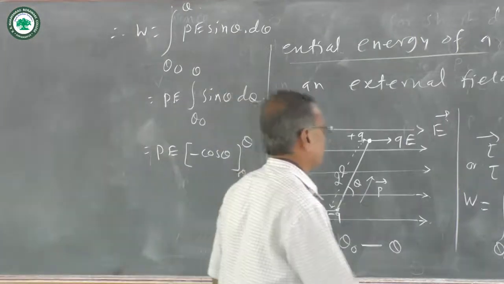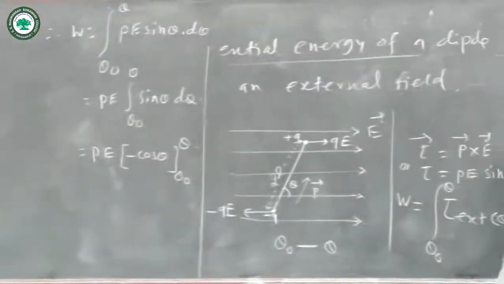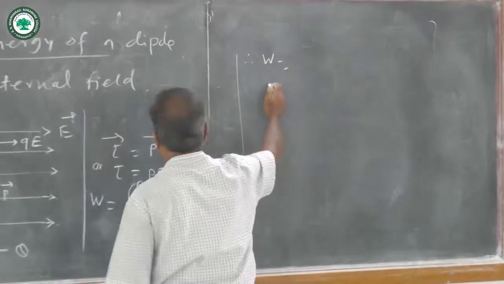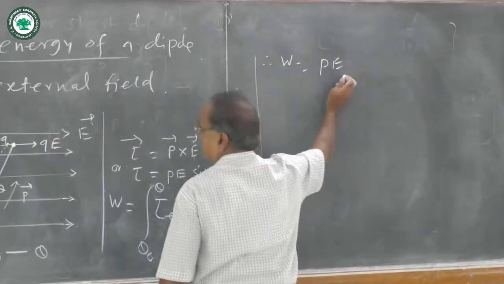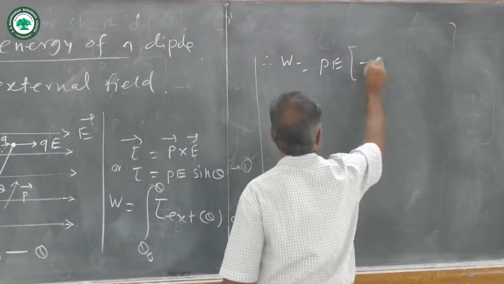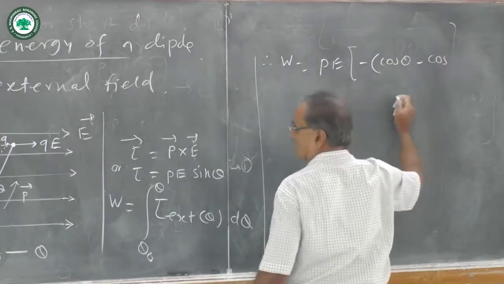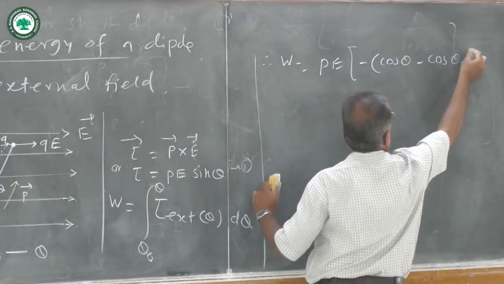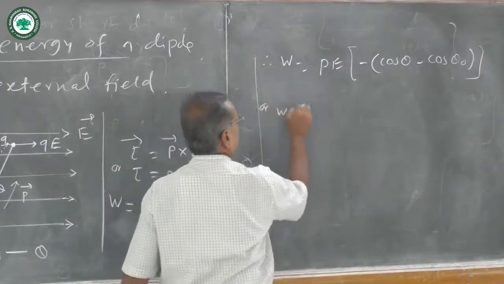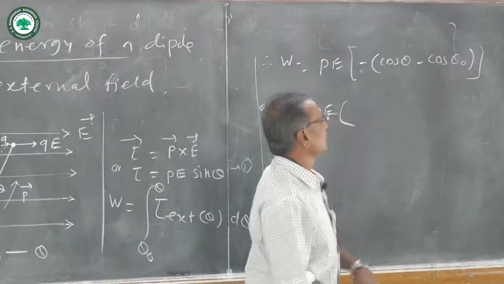So PE times minus cos theta, with limits theta 0 to theta. Therefore work done W equals PE, substituting theta and theta 0, minus cos theta minus, minus cos theta 0.